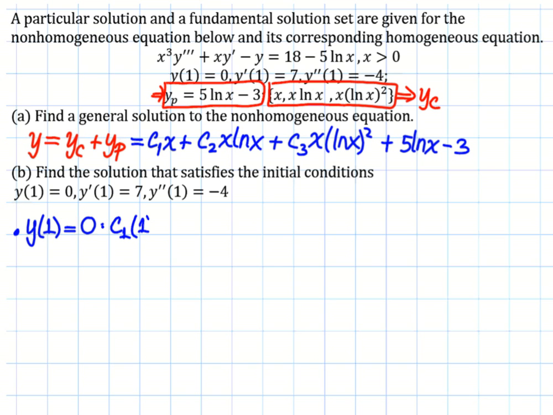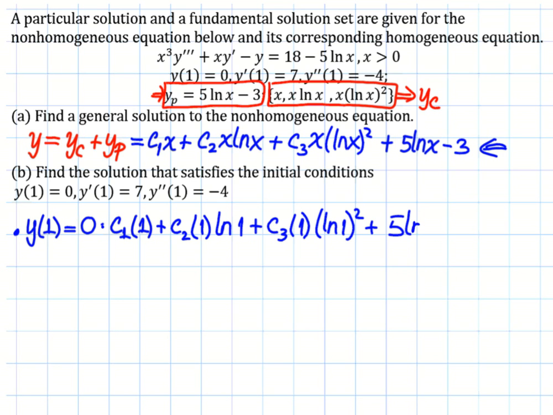And again, this is the function, the general solution. 1 in for x, ln of 1, x equal to 1. And that is the function when x equal to 1.